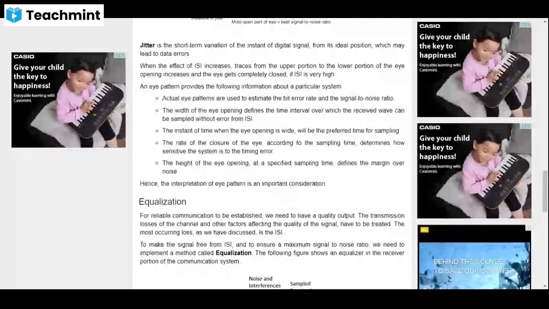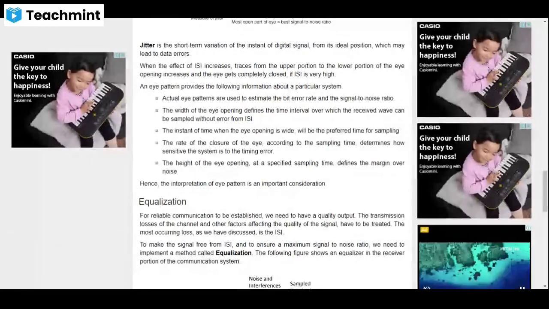The rate of the closure of the eye according to the sampling time determines how sensitive the system is to timing error. So this is the rate of closing, how fast it happens.